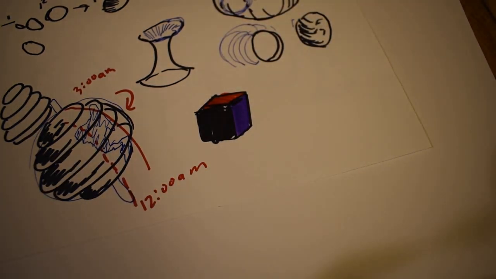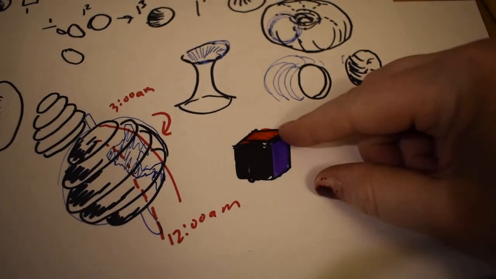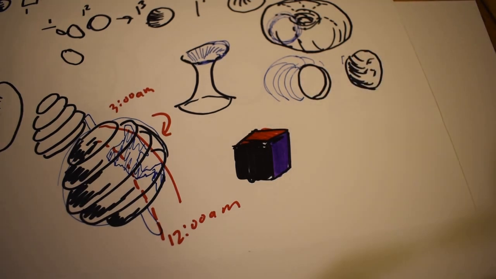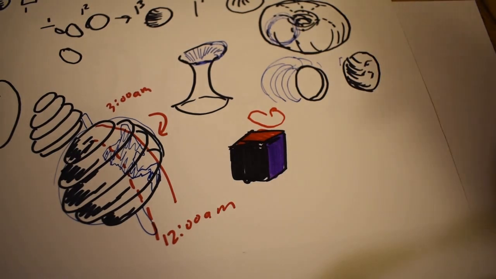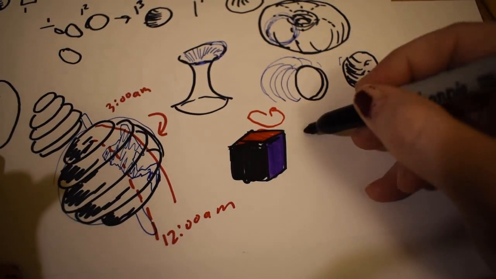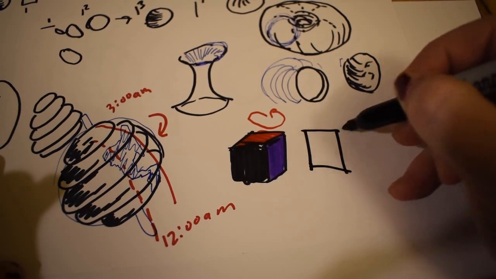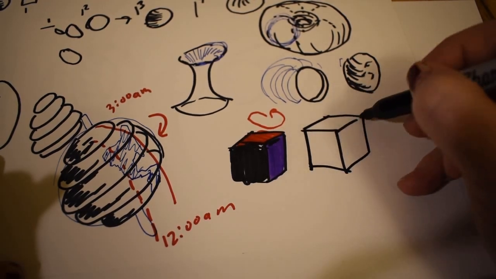If I want to see all sides of this cube, then I need to walk around it so that I can see it from the other side. In the 3D.